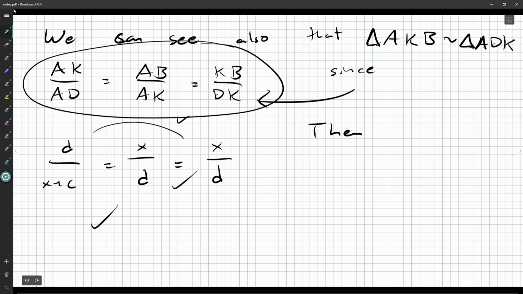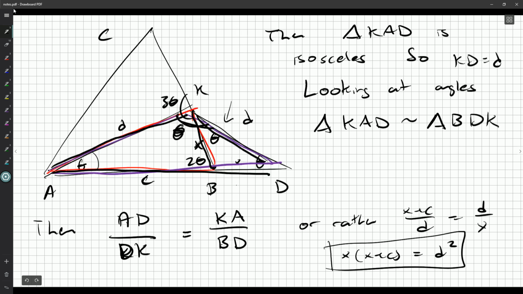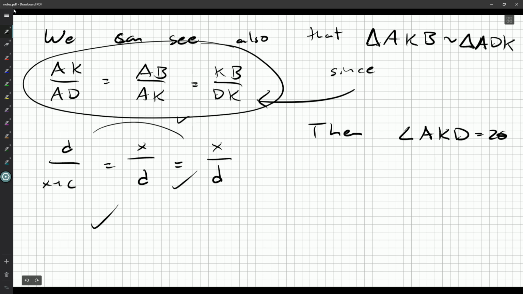So then what I can confidently say is the angle AKD must be 2 theta. Just want to go back, make sure I got it right. AKD is 2 theta. And we conclude something.